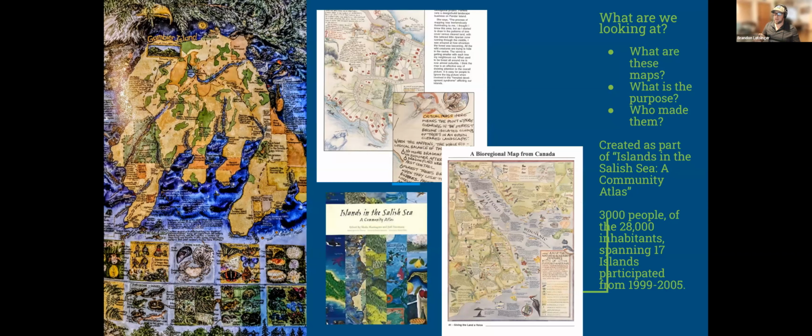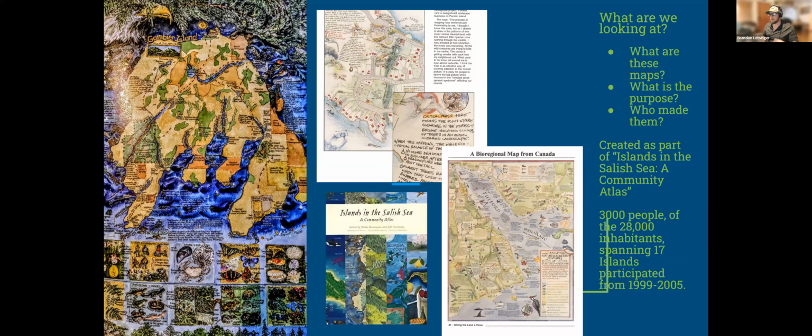And through that, they developed a host of really beautiful community maps, and they actually did a very large community art project called Islands in the Salish Sea, a community atlas. They did mapping workshops for more than 5 years. It involved 3,000 people of the 28,000 inhabitants, spanning 17 islands. And I think it started in 1999, and then they published this book in 2005.